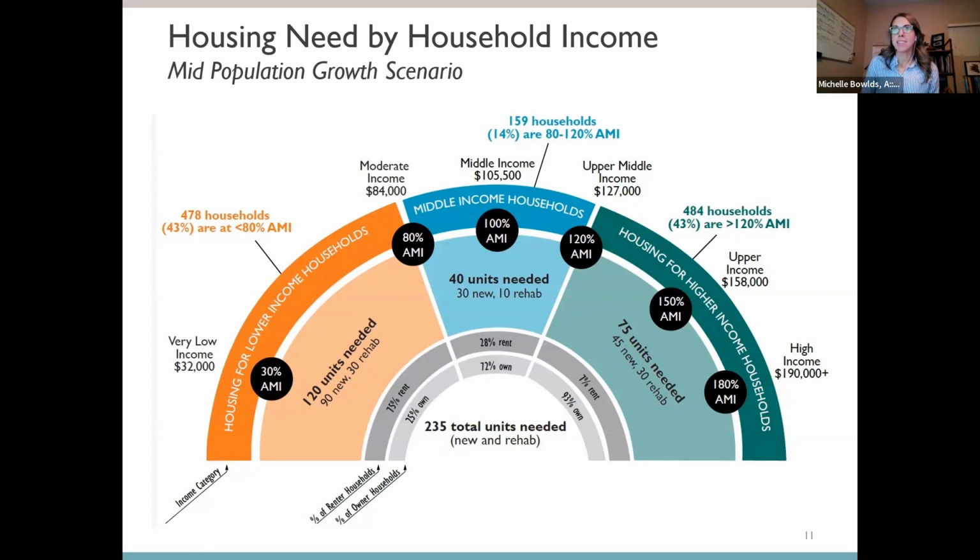And that, as the income ranges increase, tends to swap more towards ownership products. So in that middle income, we're seeing a need for 72% ownership and only 28% rental. And then in that high income, we're seeing the vast majority with 93% in the ownership product type and 7% in that rental product type.